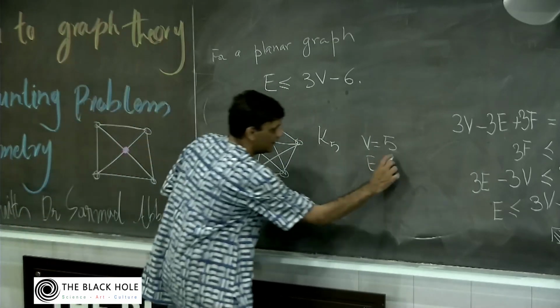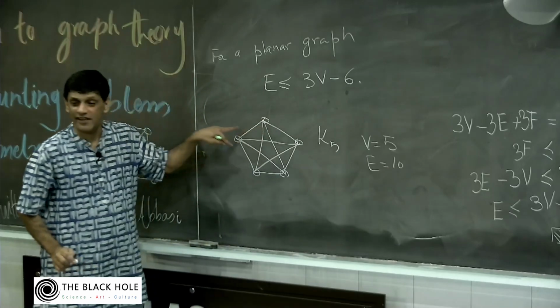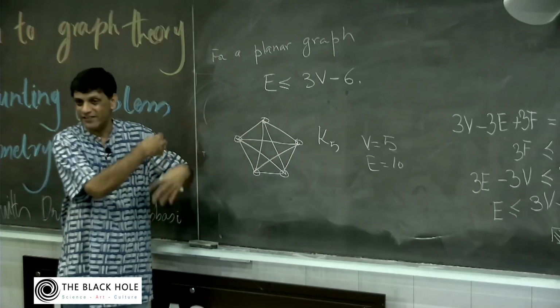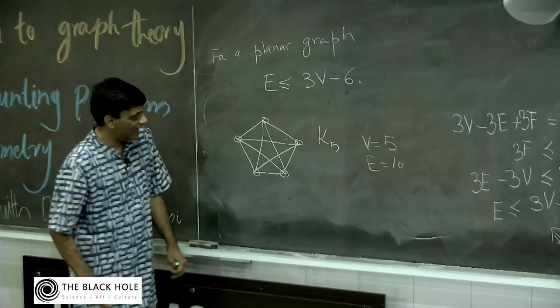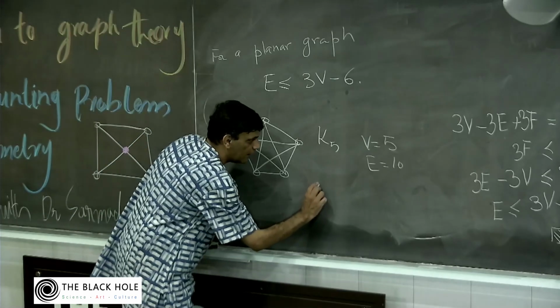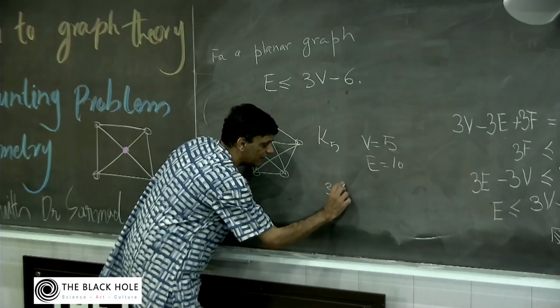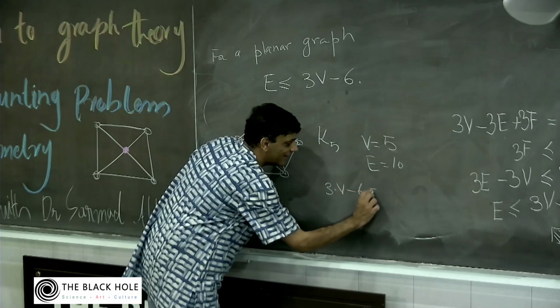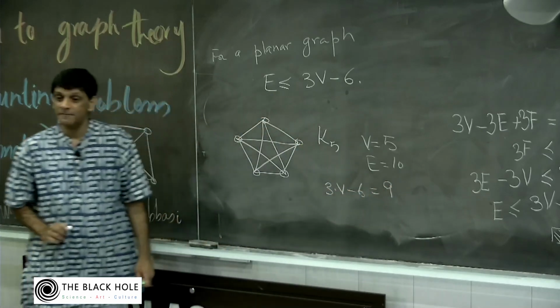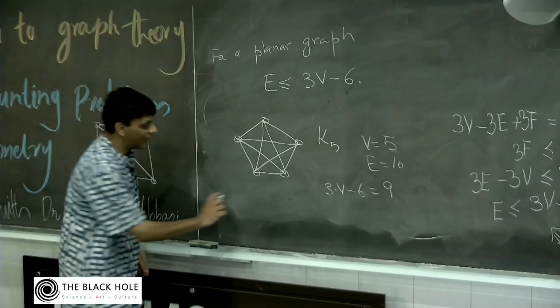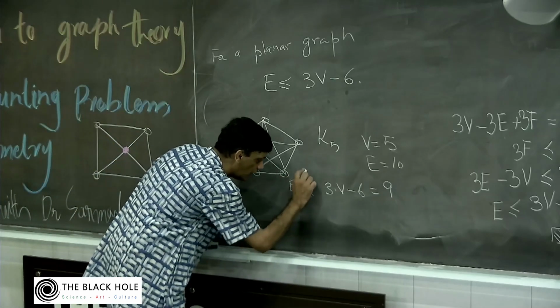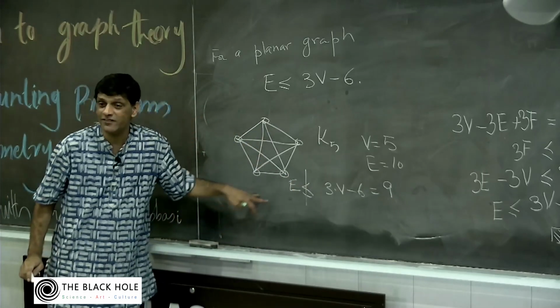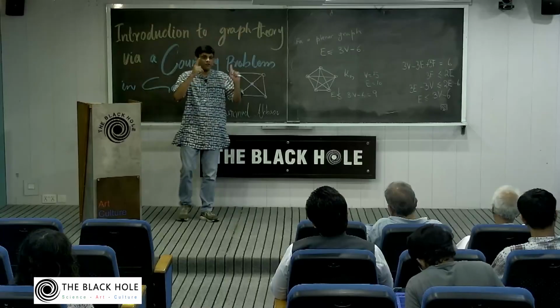You could count that, or you could just say every vertex has degree 4, sum of degrees is 20, so the number of edges would be 10. So we look at 3v minus 6, and that turns out to be 9. So 10 is not less than or equal to 9. This violates the inequality.